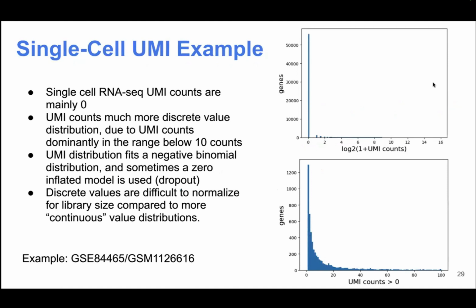Looking specifically at some of these UMI relations, we'll see a lot of UMI counts as 0 in these single-cell RNA-seq data sets. And these values have much more discrete distributions, mainly because we're looking at very low UMI counts in most of our samples. So as we perform this transformation, we actually get these more discrete values, which are less useful to us.